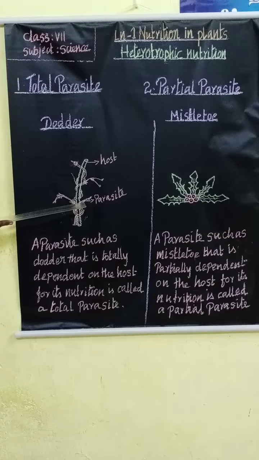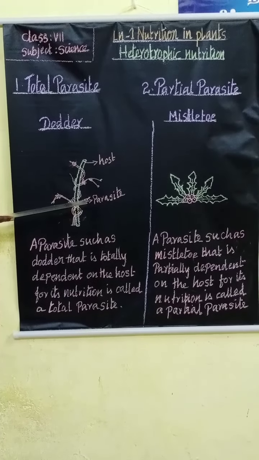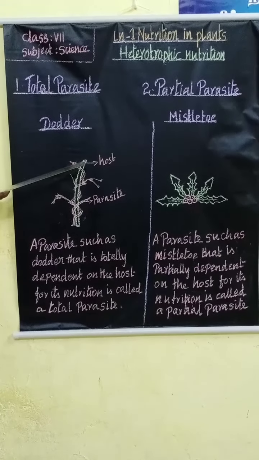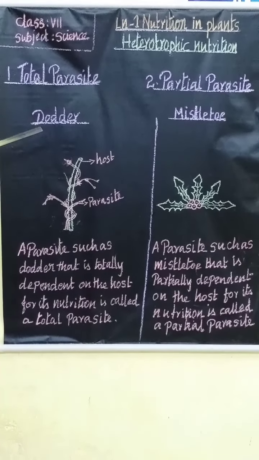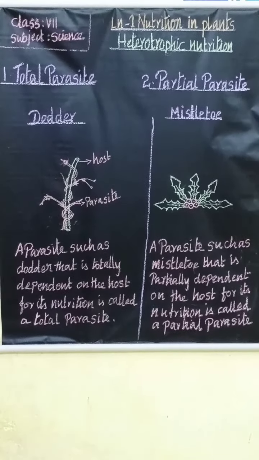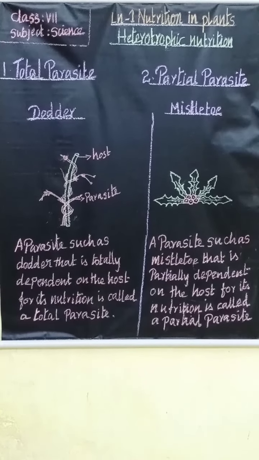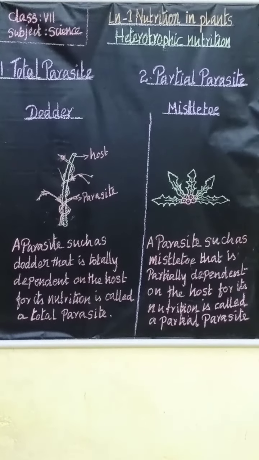All must look at this diagram. This is a parasite. It is a dodder plant. This is host. Now I am going to give some details about this dodder plant. Why is dodder called a parasitic plant?